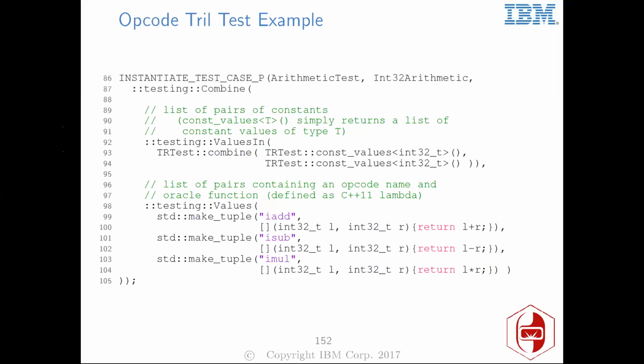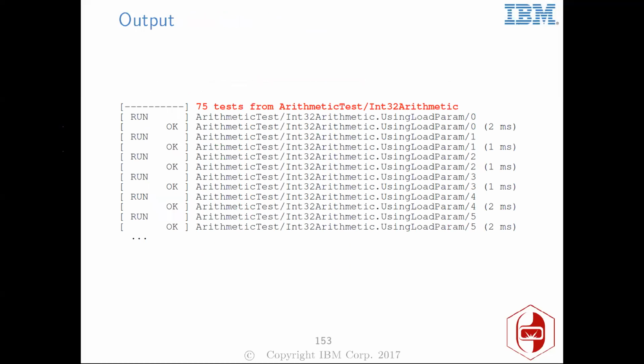So, as promised, this results in 75 individually executable tests being generated for us. What I think is the cool thing here is that we actually did not write that much code.